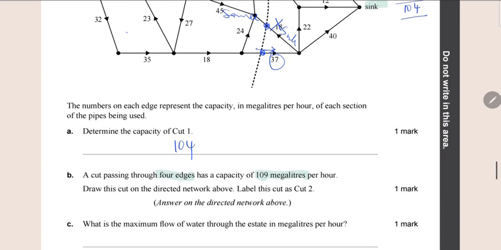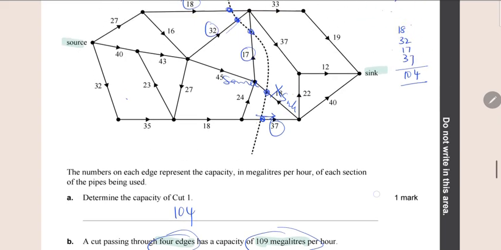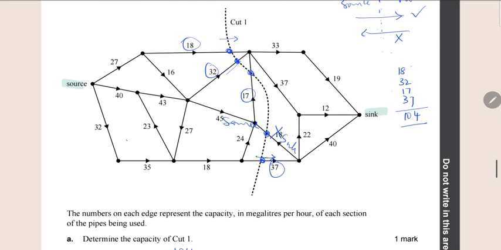Now let's look at the second one. A cut passes through 4 edges and has a capacity of 109 per hour. Find the cut. In order to do that, I tried to look for some really big values, because if there are 4 values, they have to add up to 109.